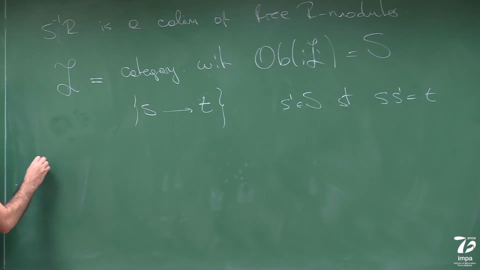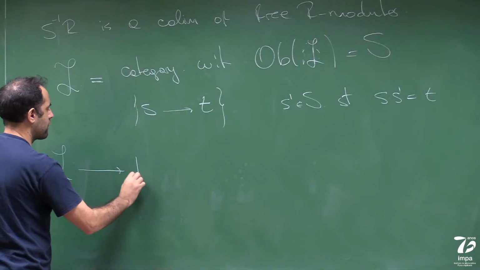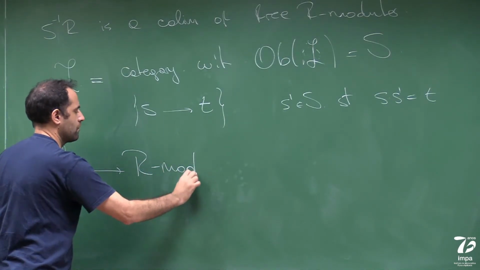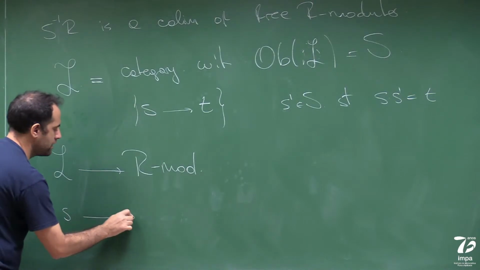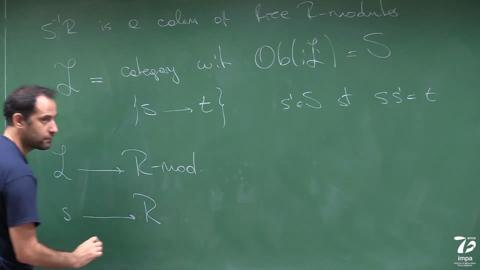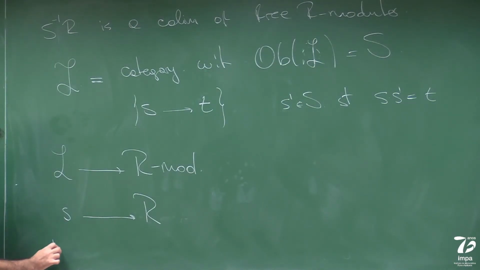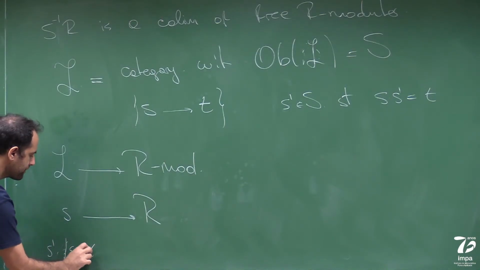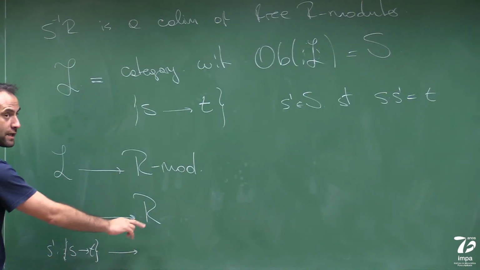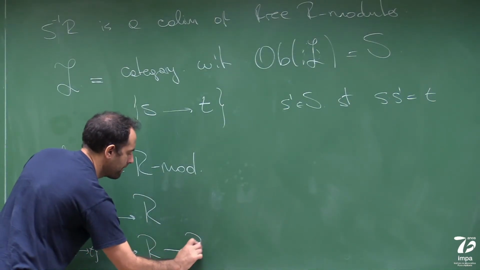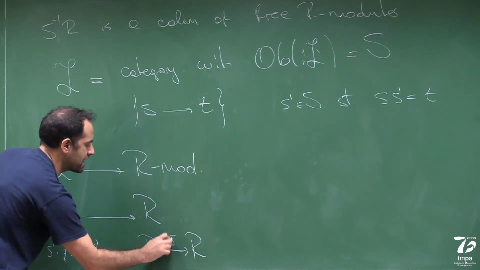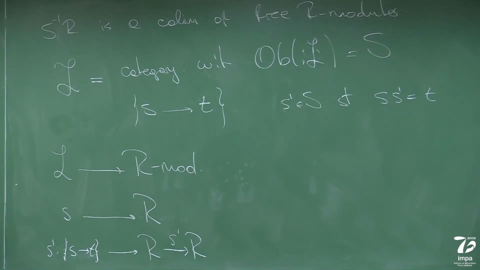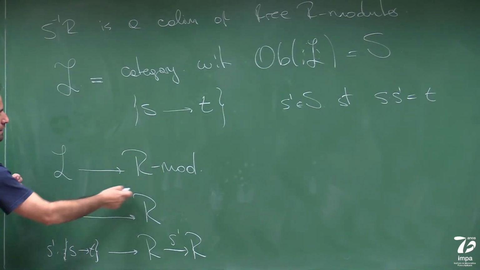Okay, so the statement is that we have a diagram of this category into the category of R modules that takes s and gives you R, and that takes s prime as a morphism from s to t and gives you a map from R to R, which is multiplication by s prime. So let's check that that's a nice functor. I claim that this is a well-defined functor.